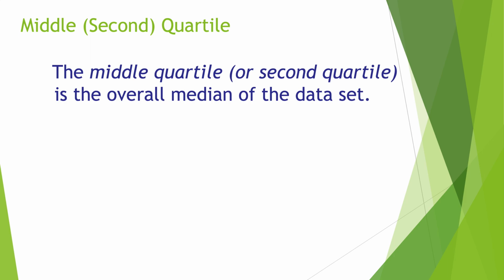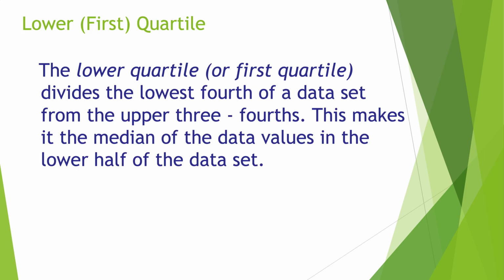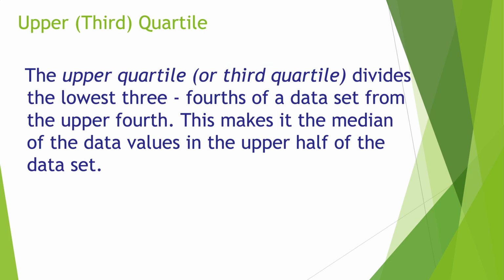The lower quartile is the first quartile, and then the third quartile is from the third block of data. The upper quartile is also called the third quartile. That's from the third block of data, and the fourth is from the fourth set of data. So check this out. Ready?